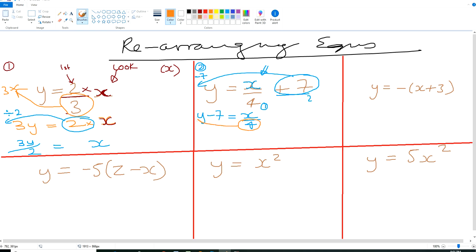Opposite of divide by 4 is times by 4 on this side. So we're left with 4 lots of y minus 7, must be with brackets, equals x. And that's the end of that particular question.